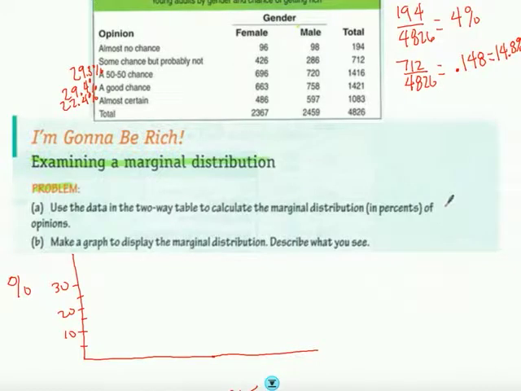All right, so if we start out with almost no chance, we had 4% that said almost no chance, so not quite to 5. It's going to be difficult to label this, but almost no chance. All right, then we had 14.8%, so almost to 15, but not quite there.